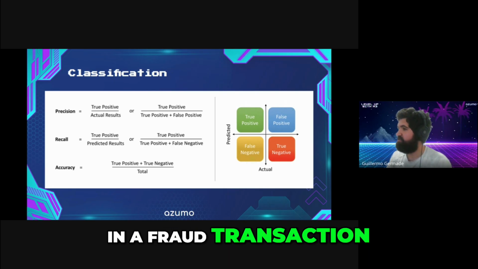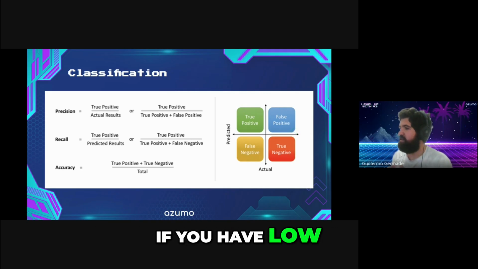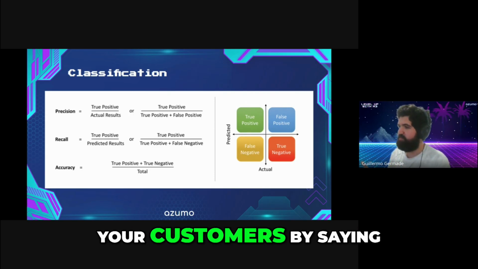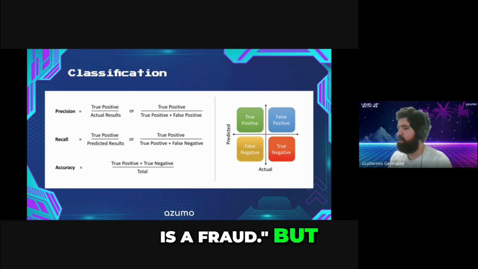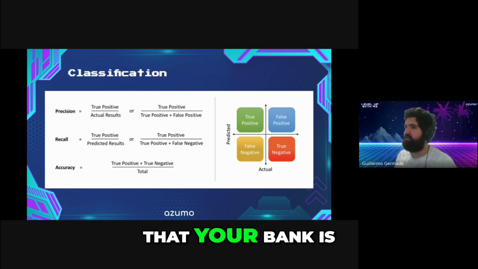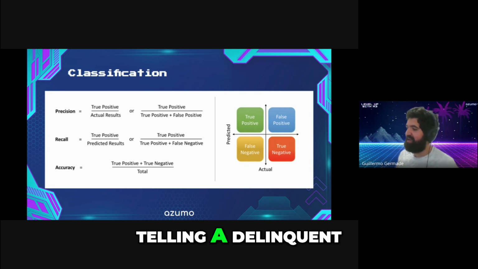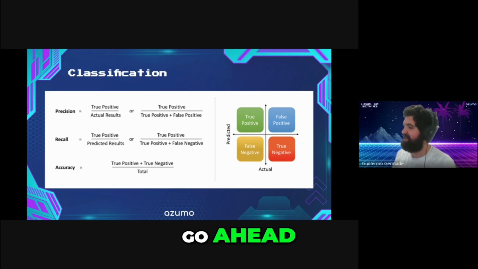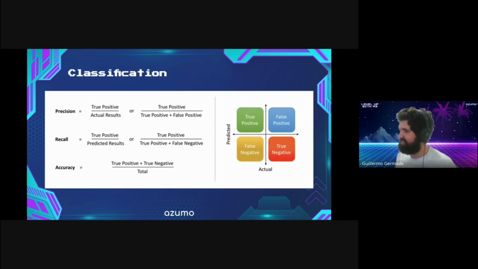In a fraud transaction, low false positives means it happens very little that you are bothering your customers by saying, hey, I'm canceling your transaction because I think this is a fraud. But very few false negatives means it happens very little that your bank is telling a delinquent who is using your credit card, hey, go ahead, this is a normal transaction, do all you want.